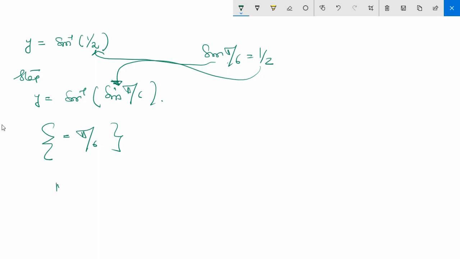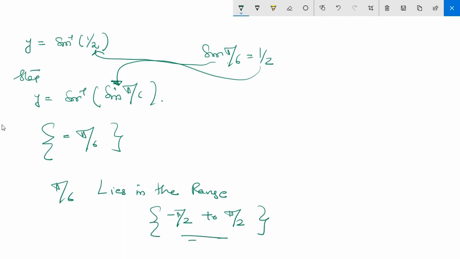And now my π/6 lies in the range of -π/2 to π/2, and in the domain of -1 to 1.